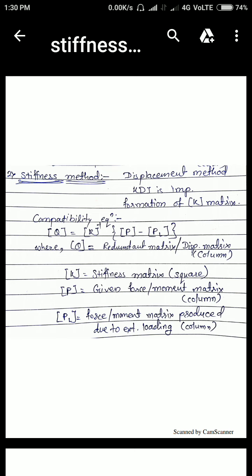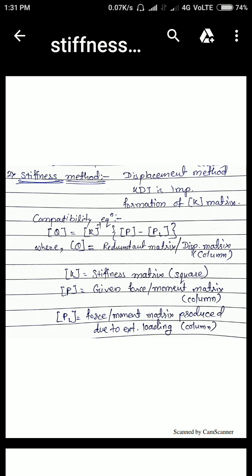Let us suppose we have taken theta, that is slope, as the joint displacement. Then we have to find out how many moments are given at that particular node to find the P matrix. That value will be given in the particular problem itself. Next one is the PL matrix.